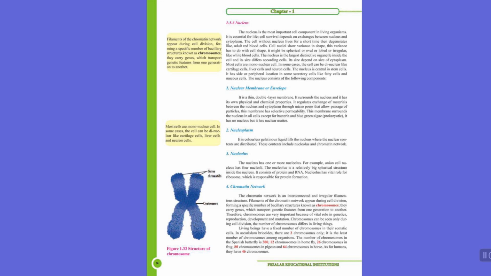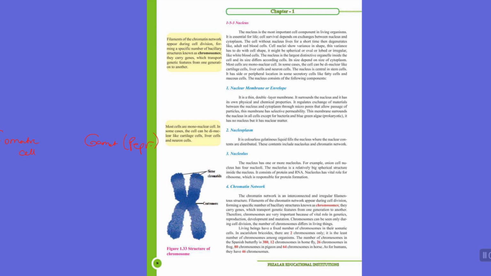There are two types of cell in organisms: somatic cells or gametes, or we can call them reproductive cells. So living beings have a fixed number of chromosomes in their somatic cell, in blood cell, muscle cell, bone cell, skin cell, eye cell.